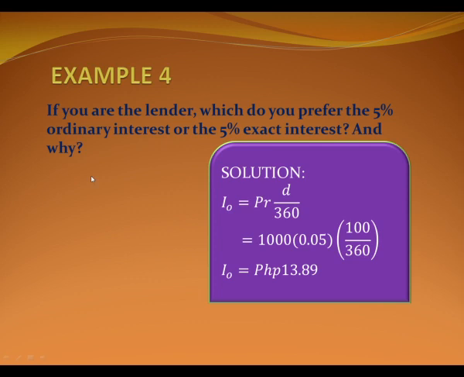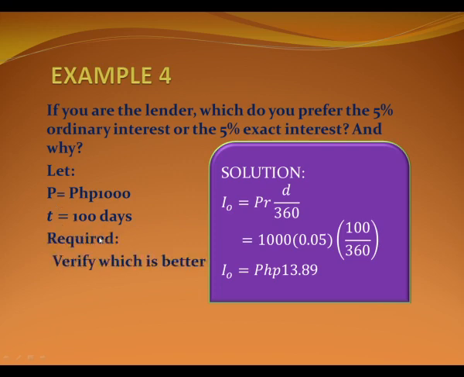So here we will just assume any amount. Say we can assume that the principal P is 1,000. And then for the period of transaction, let us just consider 100 days, because the given are ordinary and exact, meaning to say that the period of transaction is a number of days. And then we have to verify which is better.